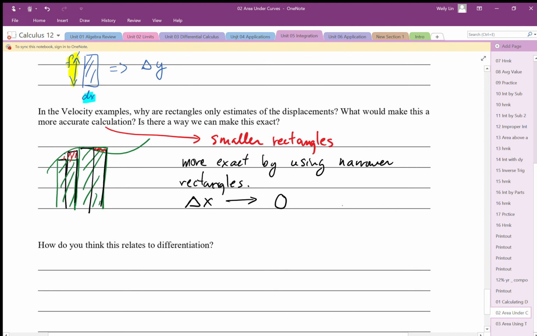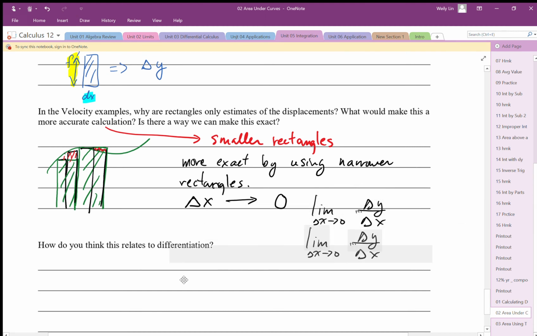If you recall, the derivative was the change in y over the change in x, and we used a limit as delta x went to 0.